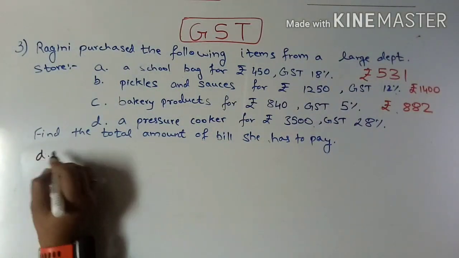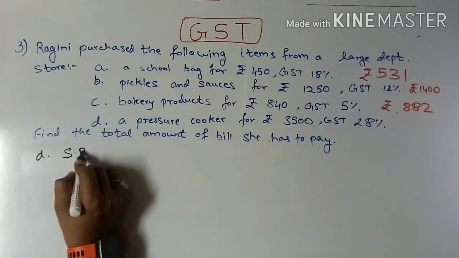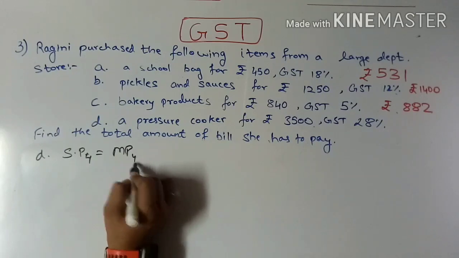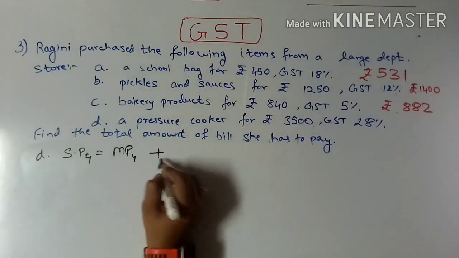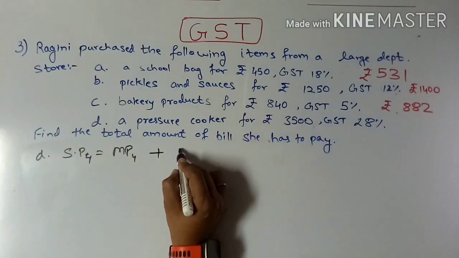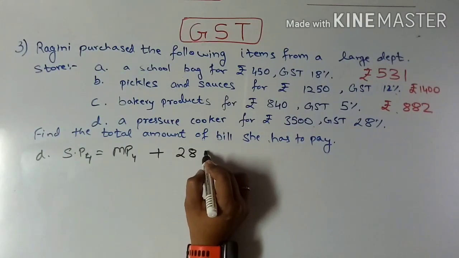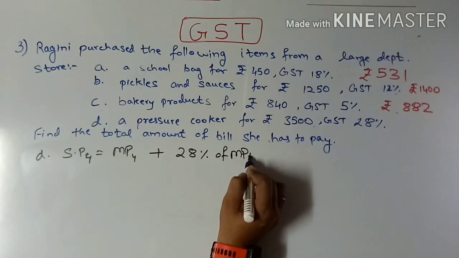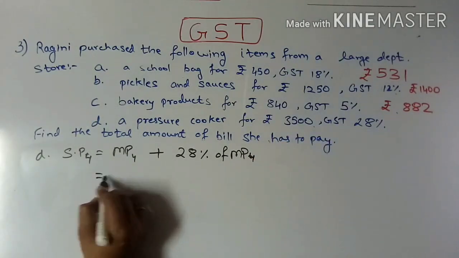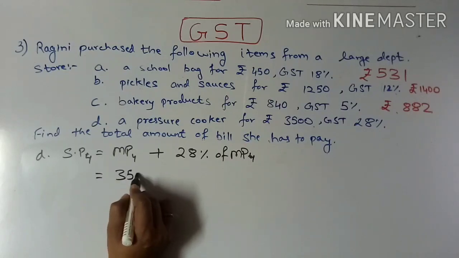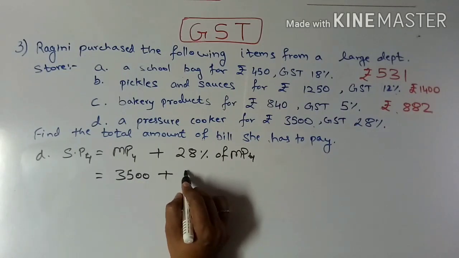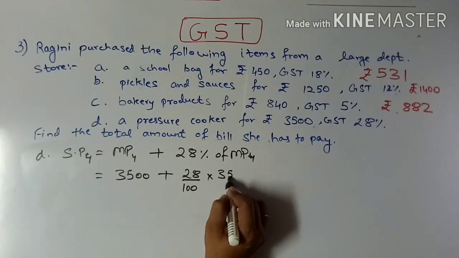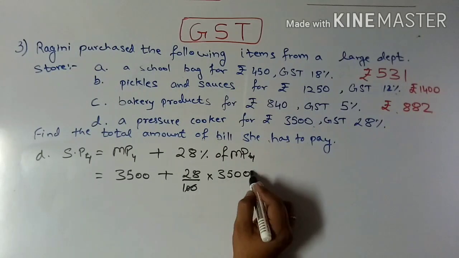Now the last part, D, selling price of the pressure cooker, will be the marked price of pressure cooker MP4 plus the GST levied on it, that is 28% of MP4 of the fourth product, that is 3500 plus 28 by 100 into 3500.